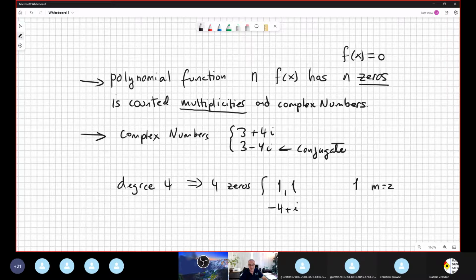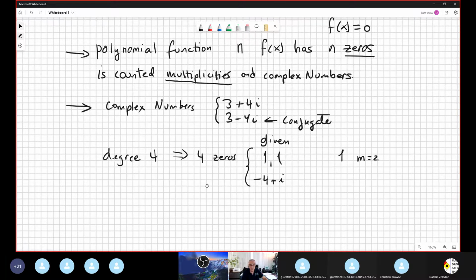This information is given. Somebody, not me, investigated that this polynomial contains 1, 1 and negative 4 plus i, which is the complex zero. Automatically, you understand that we have another one, negative 4 minus i, because I know very well that the complex zeros inside the polynomial come in couples.